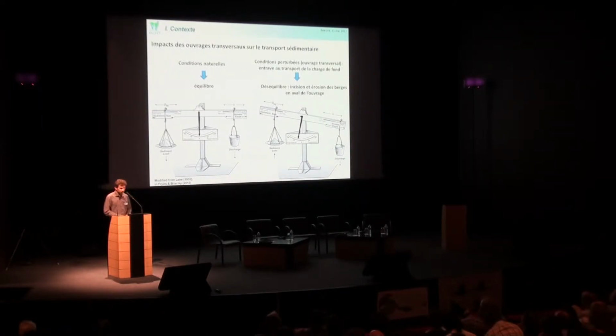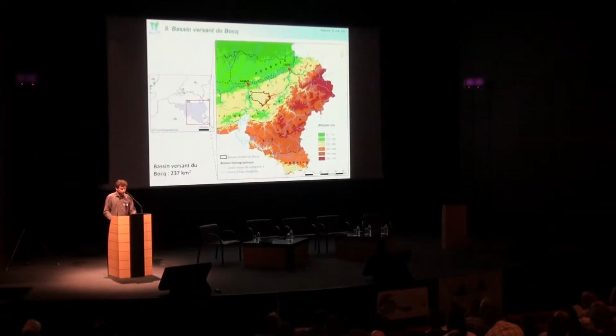So if we have disturbed conditions with a dam, for example, then there will be an imbalance in the bed load. Here, you can see degradation upstream of the water retention with bank erosion, for example. So this is just a bit of background.